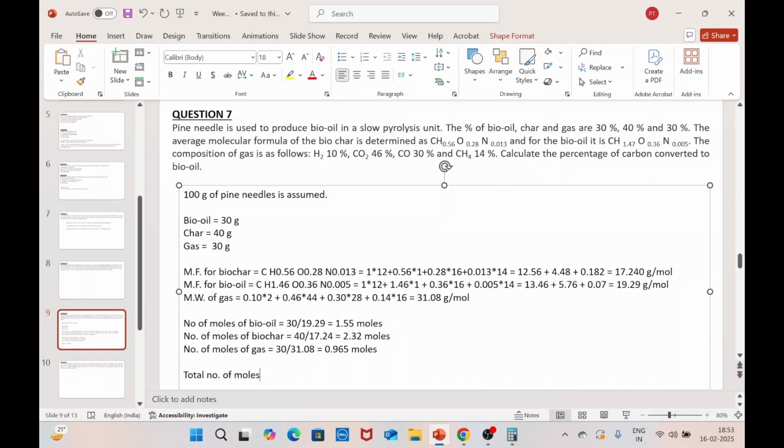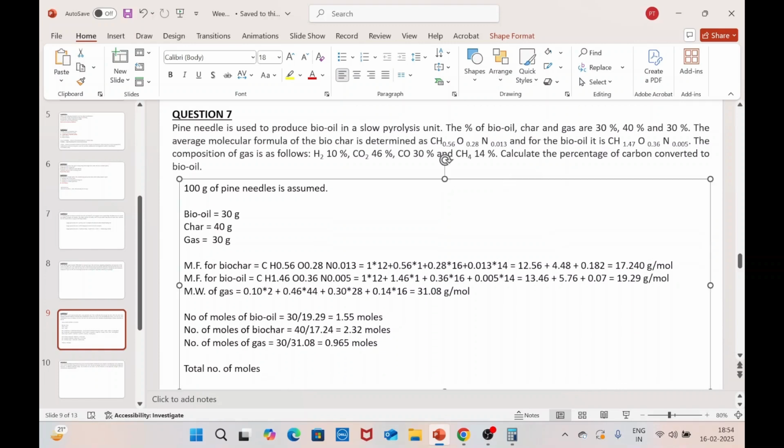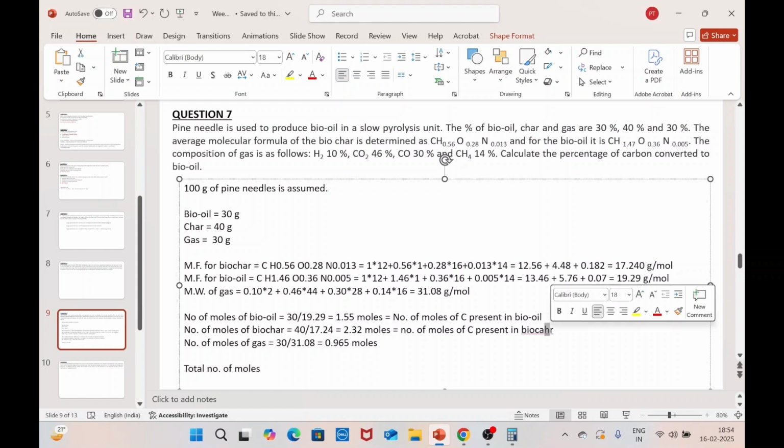So what would be the total number of moles? Since for every mole of bio oil you have 1 mole of carbon, this will be the same as the number of moles of carbon present in bio oil. Similarly, this will be the same as the moles of C present in biochar, and also in gas.